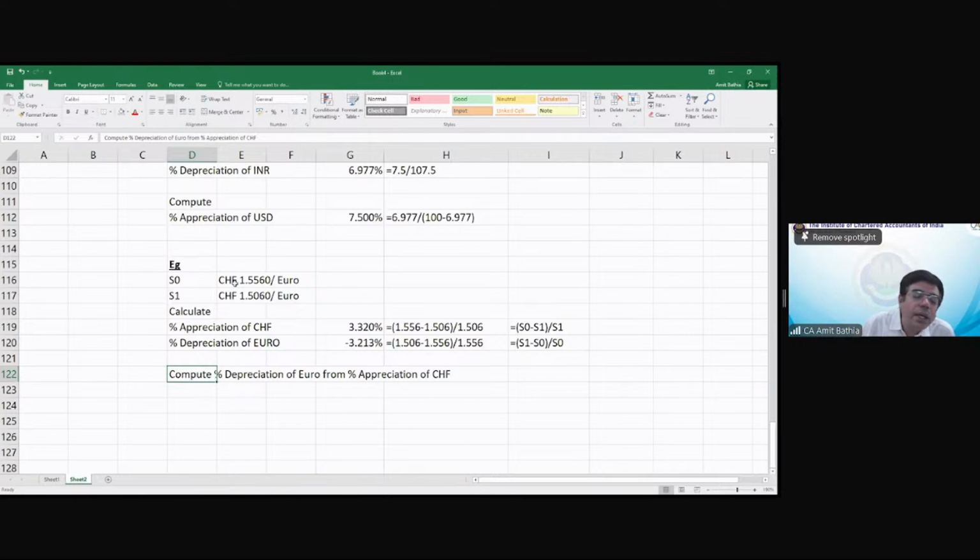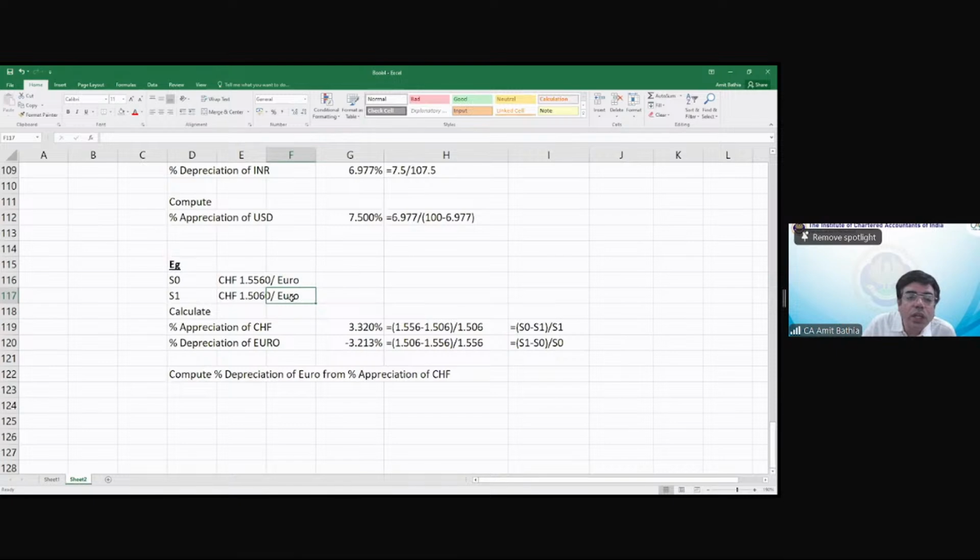Okay. Let us look at it this way. You are given this information: your spot rate, the original rate, is 1.5560, and now it has become 1.5060. So tell me, CHF has appreciated or depreciated? Sir, think of euro as some potato.